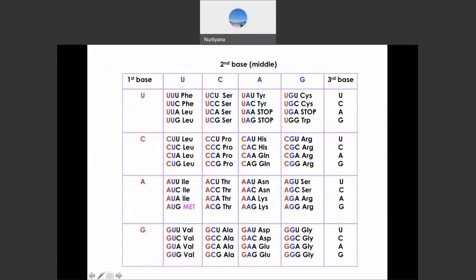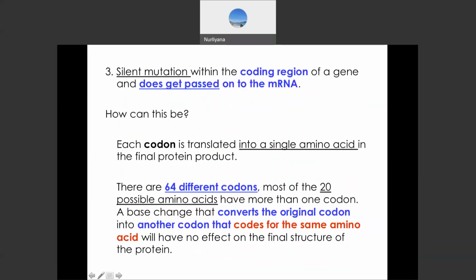So we have to take care of the codon table here. You have to look back on the codon table and always remember that we have 64 different codons, and we have 20 possibilities of amino acids for one codon.